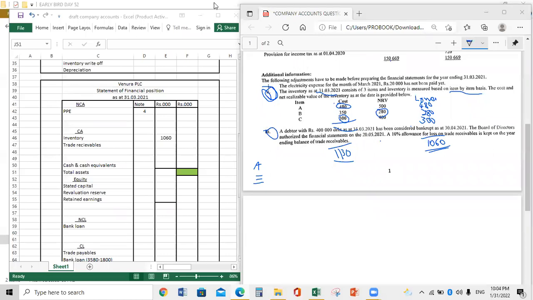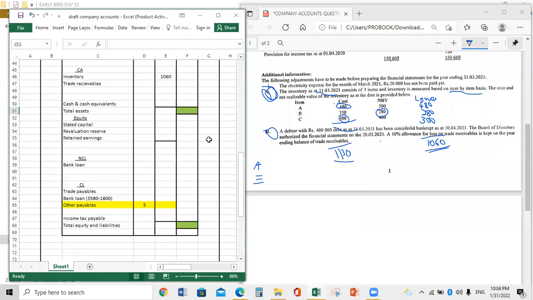Now, the debtor has become bankrupt on 30th April. But guys, you know that there is a standard called events after the reporting period. That standard says, if it happens before the authorization date, it is an adjusting event.